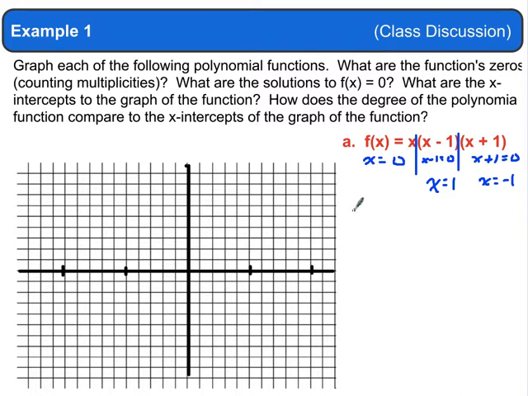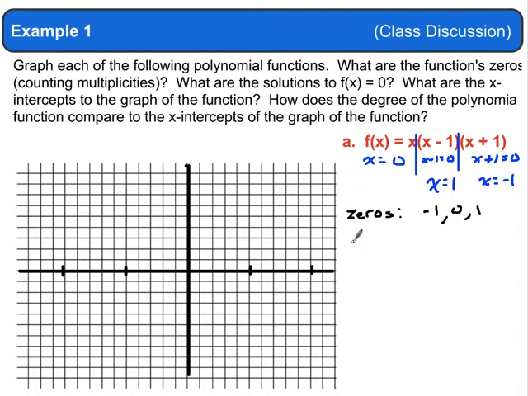So really, this is where we just define what we have. If we want to know what are the function's zeros, we could label that down, zeros. They would be at negative 1, 0, and 1. Those are the things that make each one of these pieces go to 0.